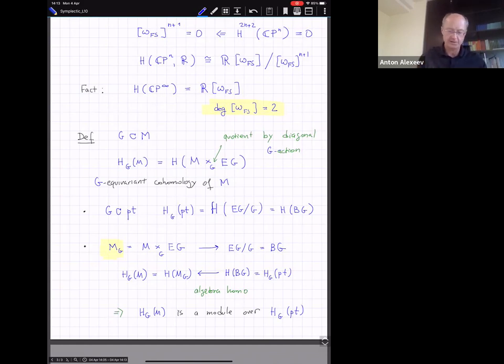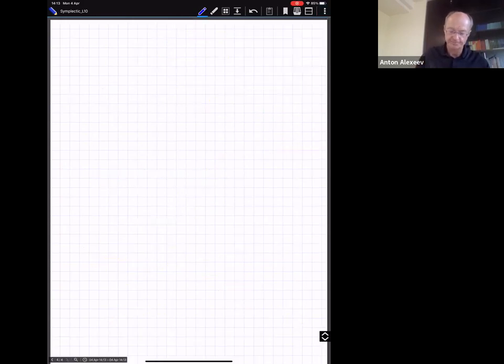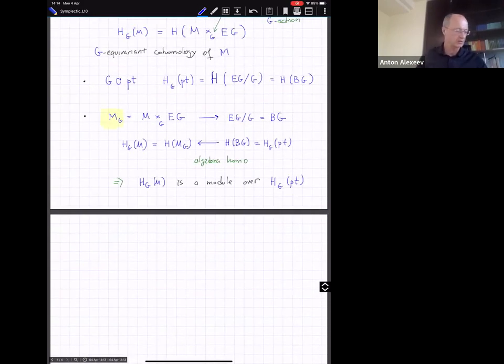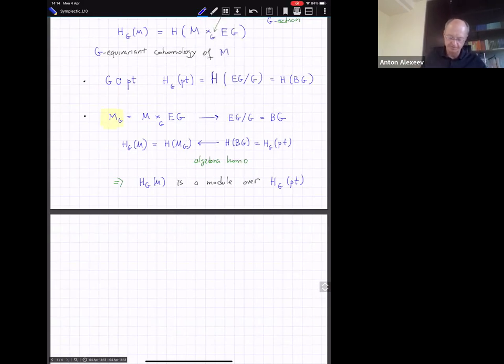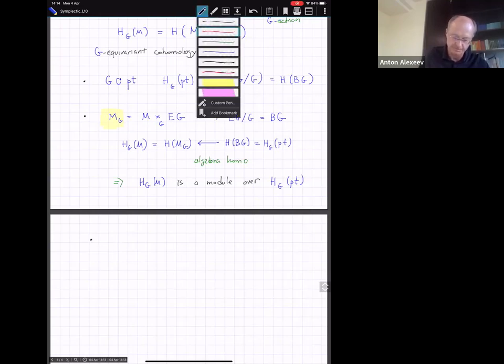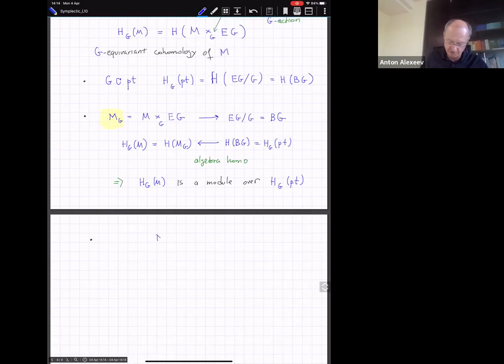All right, more stuff. We said that for M_G there is a natural map to BG, that we just described. Now, what's the fiber of that map?